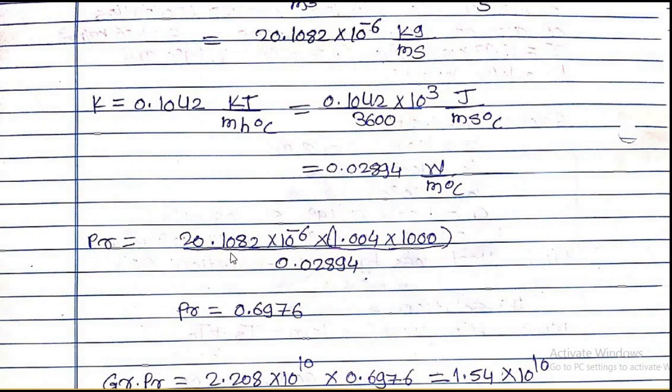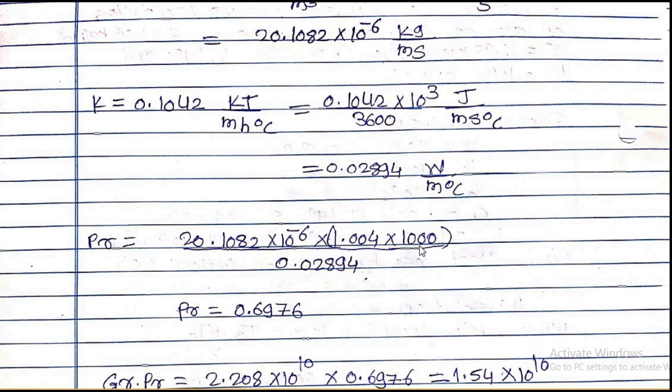So Prandtl number is equal to 20.1082 multiplied by 10 raised to minus 6, which is the dynamic viscosity value, multiplied by 1.004, which is the Cp value in kilojoule per kg Kelvin. So kilojoule will be converted into a joule value. For that purpose we have to multiply with 10 raised to 3 or 1000.